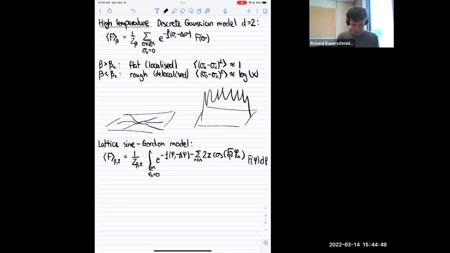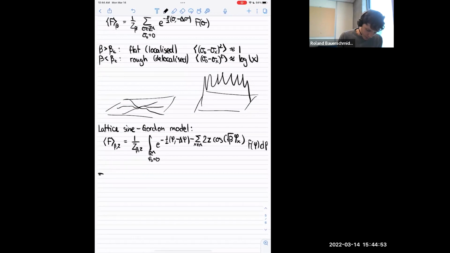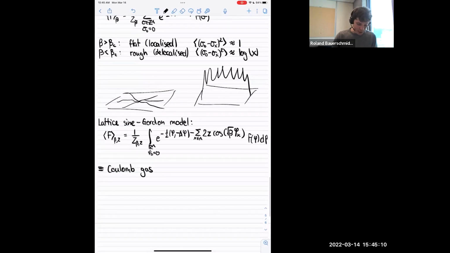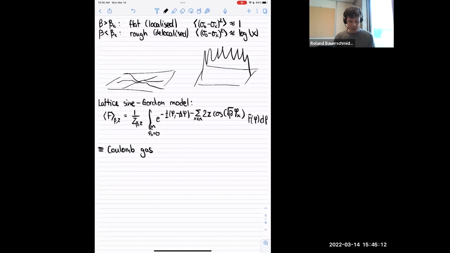These models are also of interest for other reasons. It turns out that they're equivalent to the two-dimensional Coulomb gas. And in 3 dimensions, they turn out to be also related to abelian gauge theory, but I'm not going to go into this further.